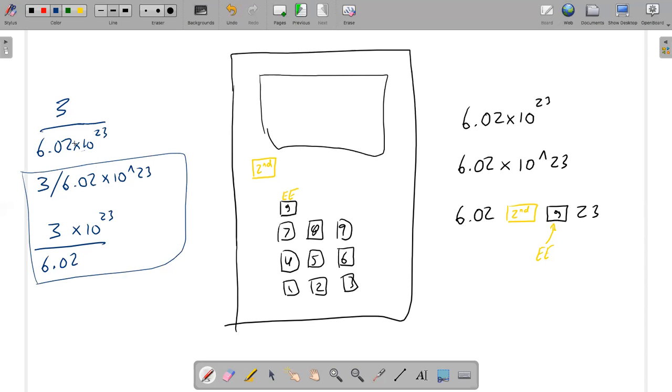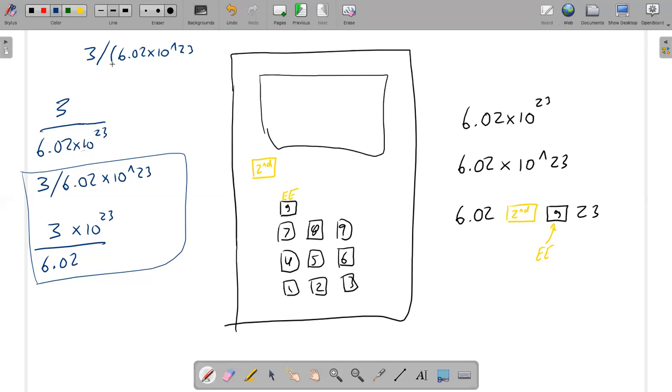So in order to do that correctly with the 10 to the 23rd, you have to type 3 divided by, open a parenthesis, 6.02 times 10 caret 23. So you not only have to type times 10 and caret, but you also have to have a parenthesis there, which is a pain.